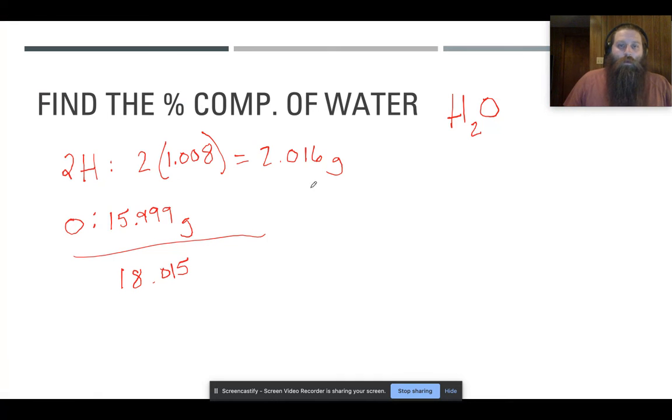Anyway, so now this is the mass of the whole thing right here, 18.015 grams. So I have my parts, I have the whole.